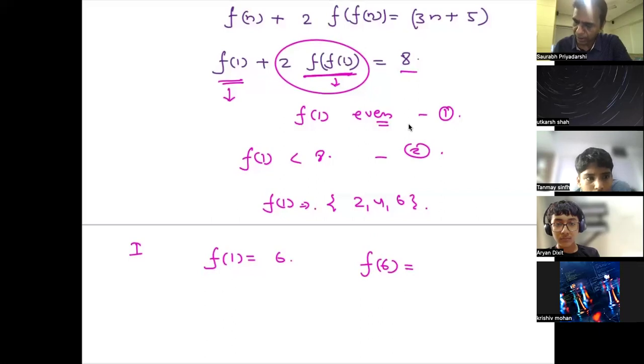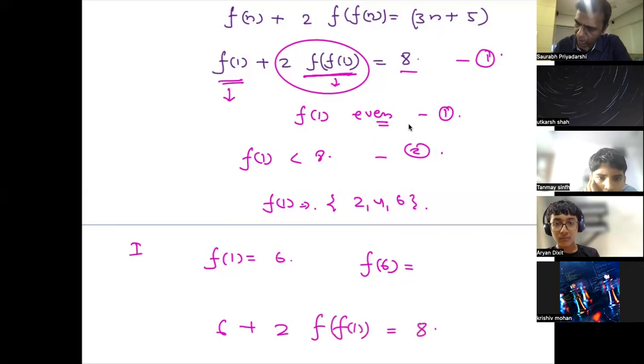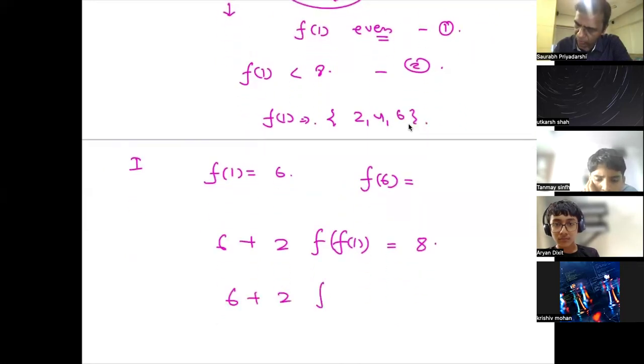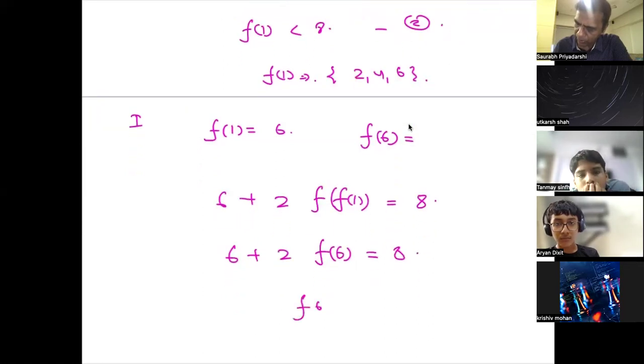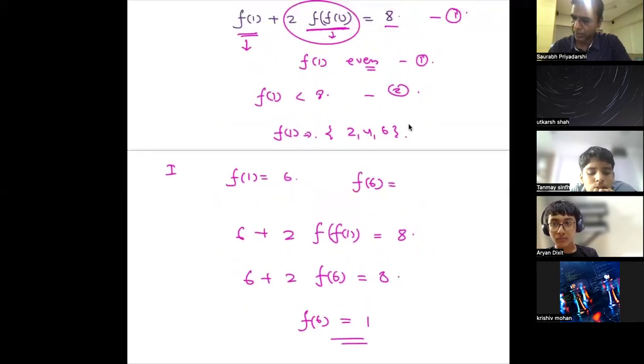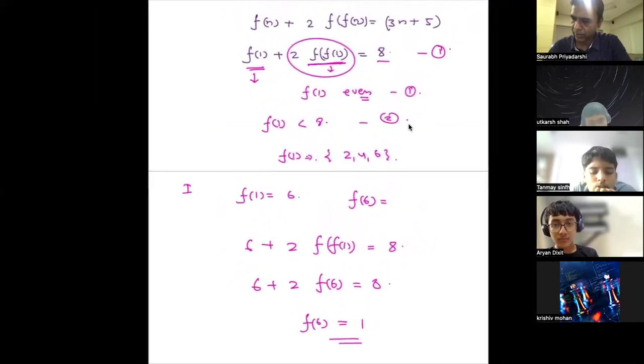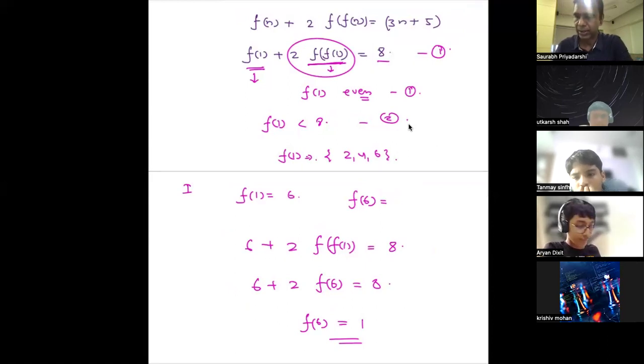We can find that. We'll put this on 1. So f(1) is 6, plus twice of f(f(1)) is equal to 8, so 6 plus twice of f(6) is equal to 8, or f(6) is equal to 1. From this, if I put f(1) as 6, I get f(6) as 1.